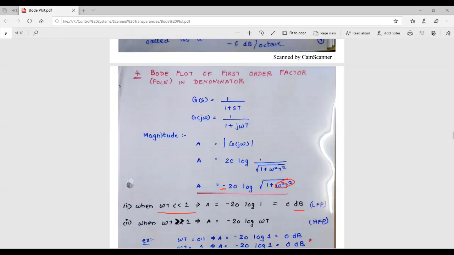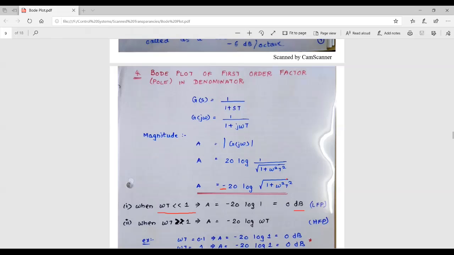Now suppose you have omega T greater than 1. If you have omega T greater than 1, what are you going to have? These are the square terms.